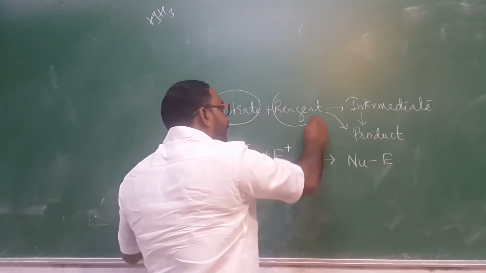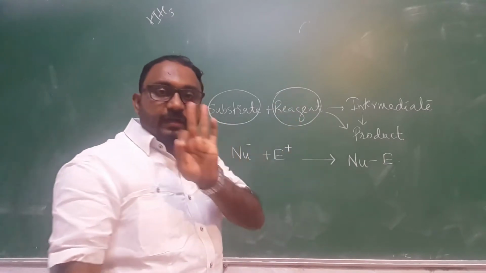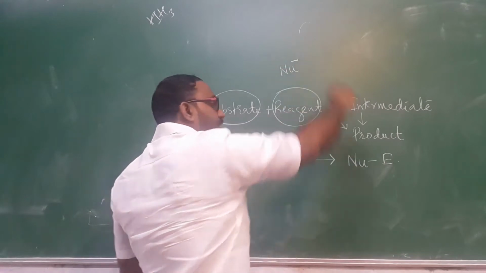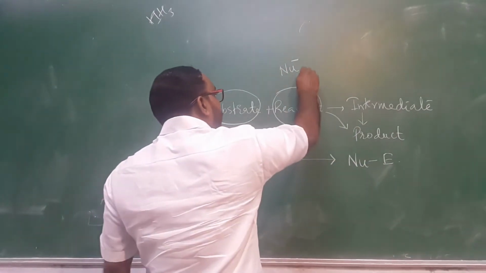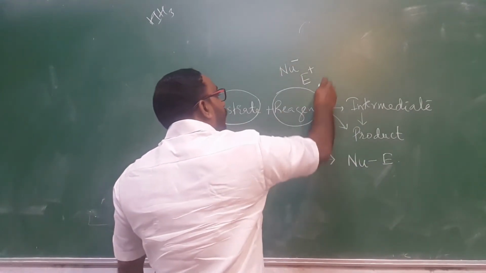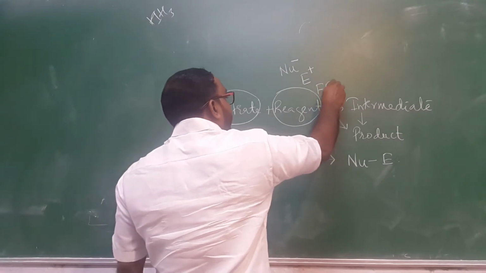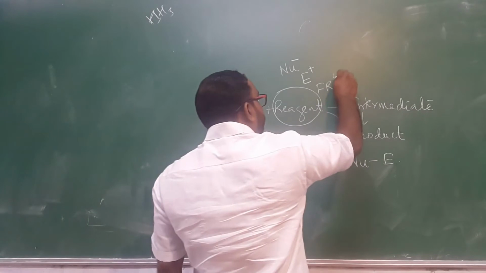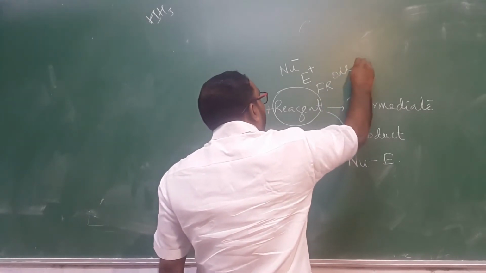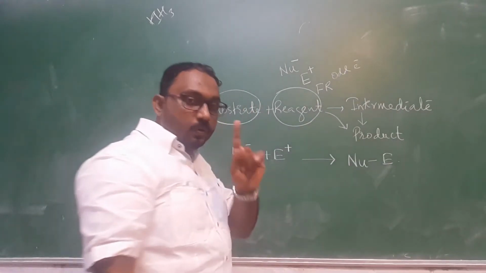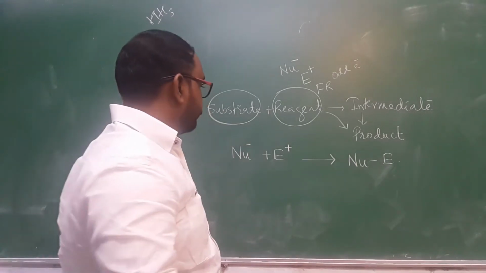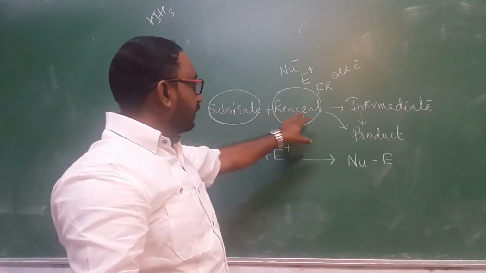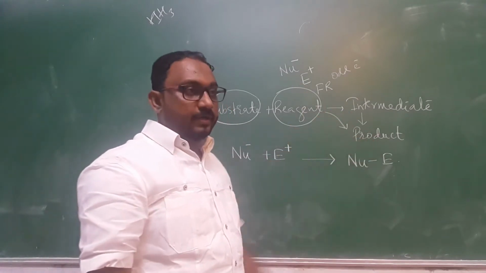And the reagent, generally, there are three types: a nucleophile having a negative charge, an electrophile, or a free radical. A free radical is not having a charge, but it is specialized with an odd electron, a single electron. So a substrate reacts with a reagent to give a product.